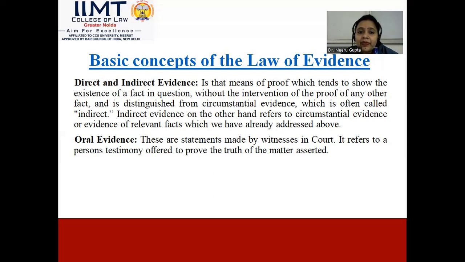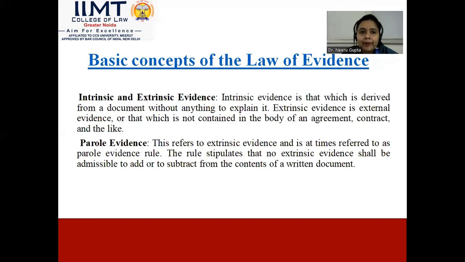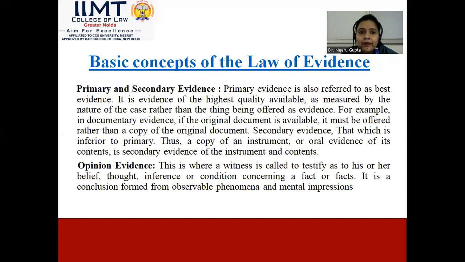Oral evidence. These are statements made by witnesses in court. It refers to a person's testimony offered to prove the truth of the matter asserted. Probable evidence. This refers to heuristic evidence and is at times referred to as a probable rule of evidence.